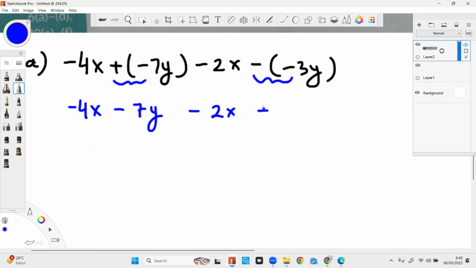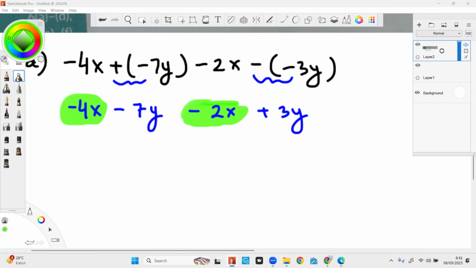Minus minus becomes plus. And then, which share the same variables? Negative 4x and, look, negative 2x. Okay, so the sign has to be at the front, at the left side of the variables. That green highlight you may do directly.